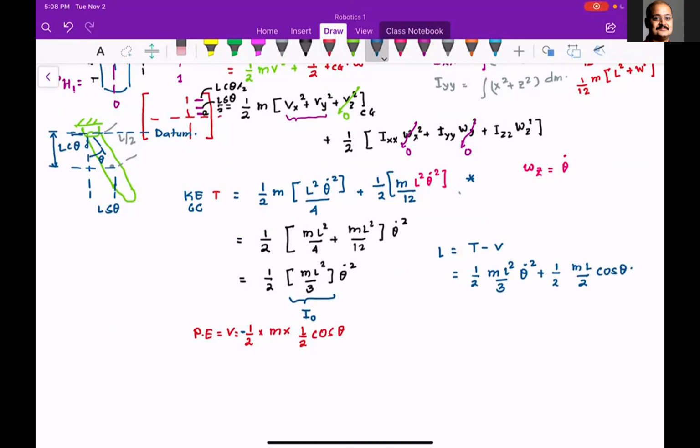Everyone understood this? Will the potential energy be L by 2 minus 1 minus cos theta?